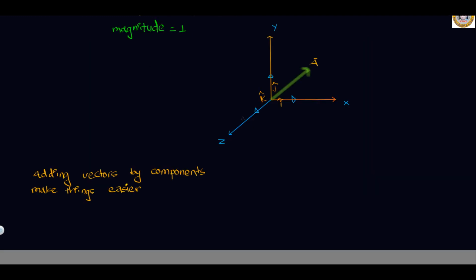Now let us talk about unit vectors. As the name suggests, if the magnitude of a vector is 1, we call those vectors unit vectors.